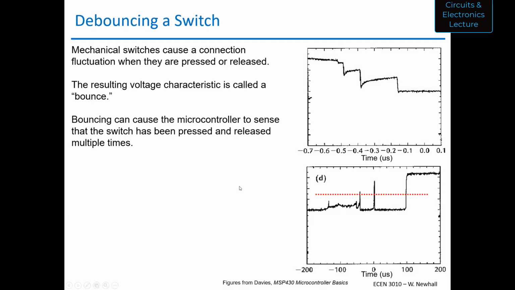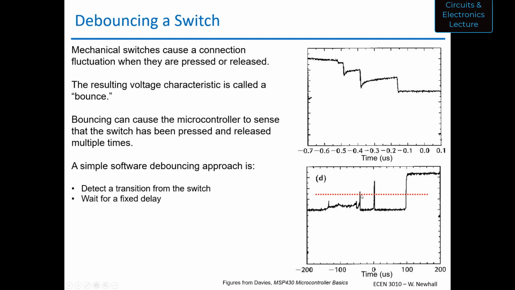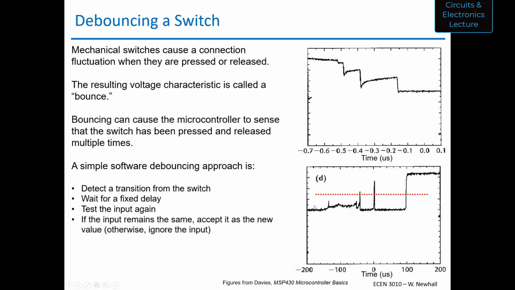In software, which is free and takes no board space, the simplest approach is you detect a transition from a switch, you wait a fixed delay, and then you test the input again. If the input remains the same, accept it as the new value. A delay of something like a few milliseconds is a common choice.